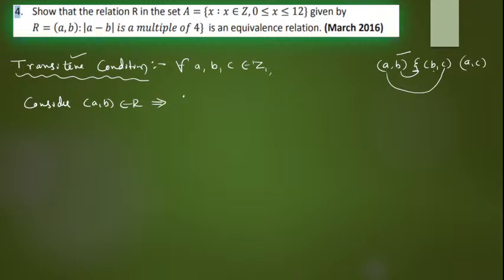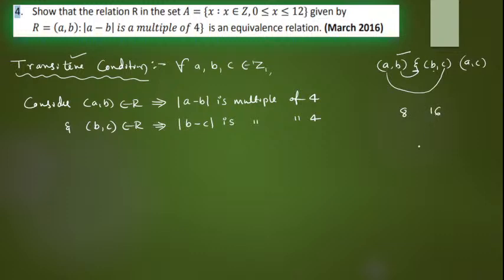This implies what? According to the statement, modulus of A minus B is a multiple of 4. And one more ordered pair you check, B comma C. So B comma C belongs to relation R, then according to the statement it is modulus of B minus C is a multiple of 4. I will give an example here. 8 is also a multiple of 4, 16 is also a multiple of 4. Their addition is also definitely a multiple of 4.